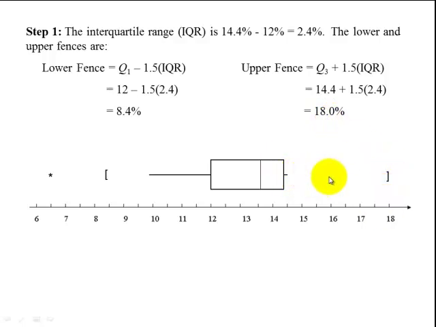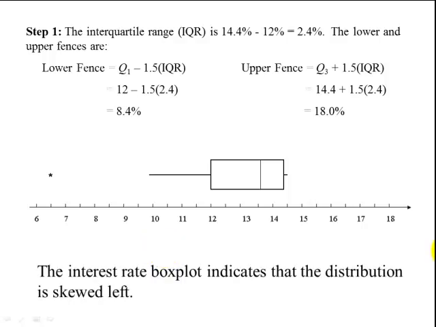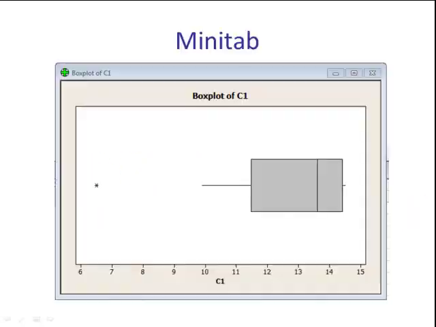We have no values beyond this, but we do have a value down here that's an outlier because it is lower than our 8.4%. And now we erase our fences and we have our box plot. The interest rate box plot indicates that this distribution is skewed left, as it has a longer tail on the left. This is a lot easier to construct in Minitab or StatCrunch, and this is the display in Minitab.